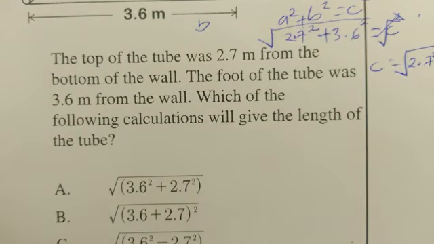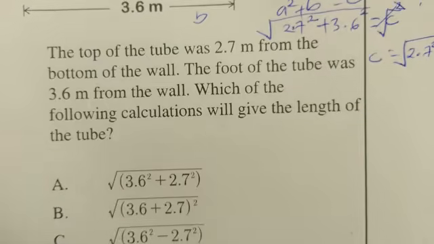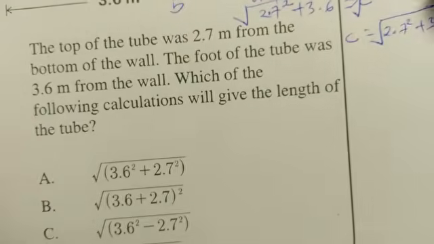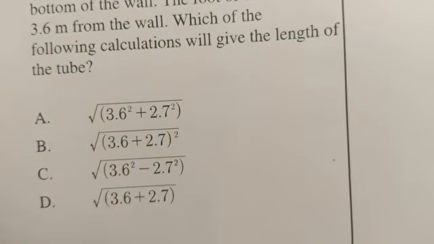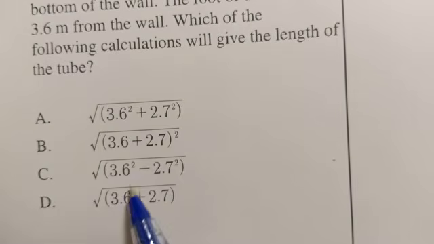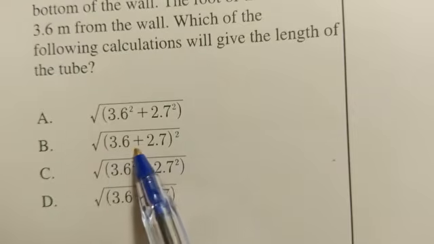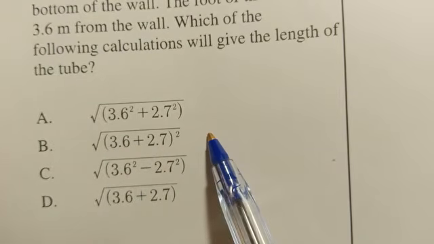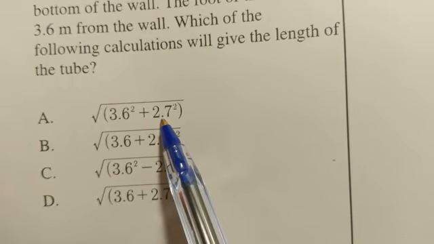Look at these answers keenly. One thing I've noticed with these multiple choices, they are also testing keenness, because if you look at these answers without keenness, you can just think they are all the same, but you can notice a difference. This is 3.6 plus 2.7, then we square, which is not the same as this.